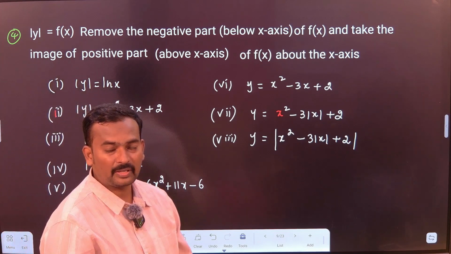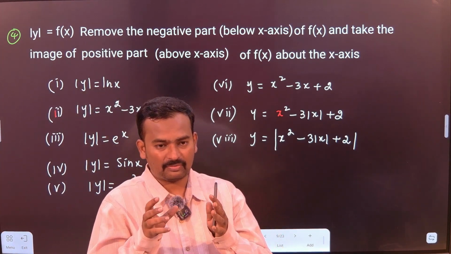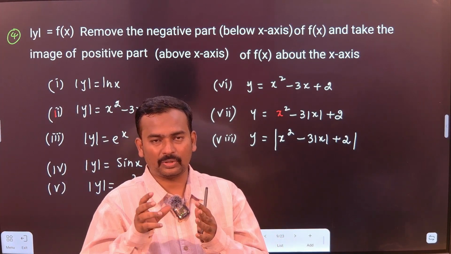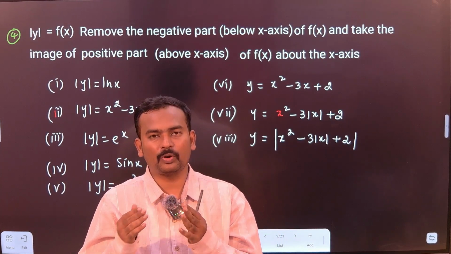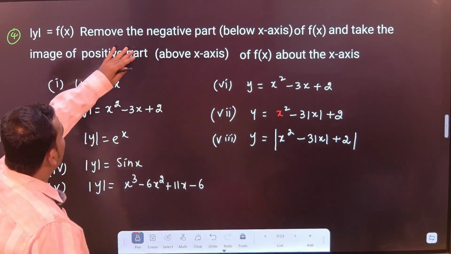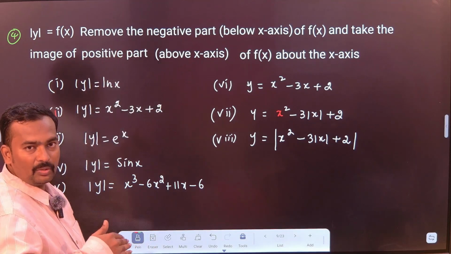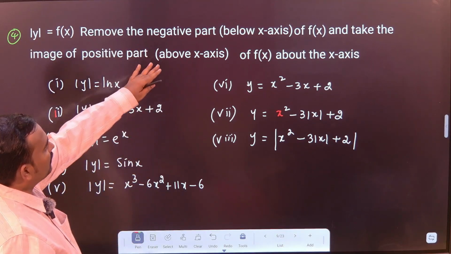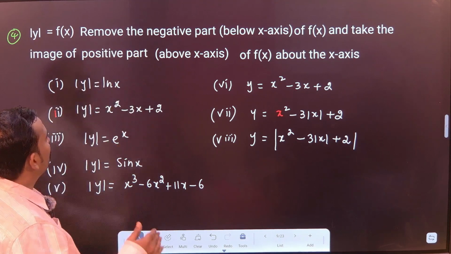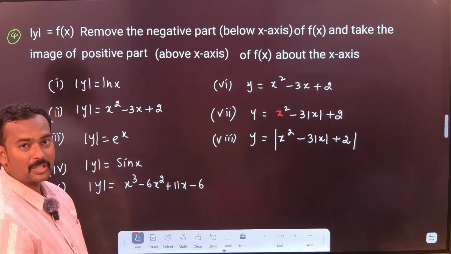You have to remember here, when you have a graph like mod y is equal to f of x, whatever the negative part is there, that means below the x-axis, you have to remove it. Remove it and take the image of the positive part with respect to x-axis.